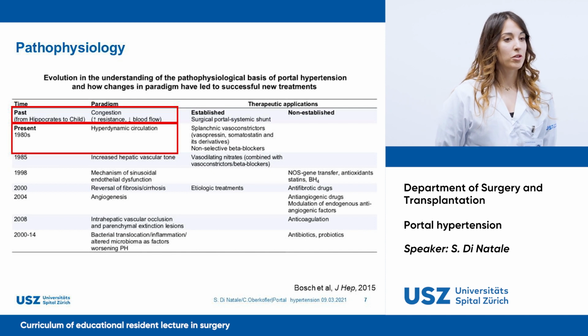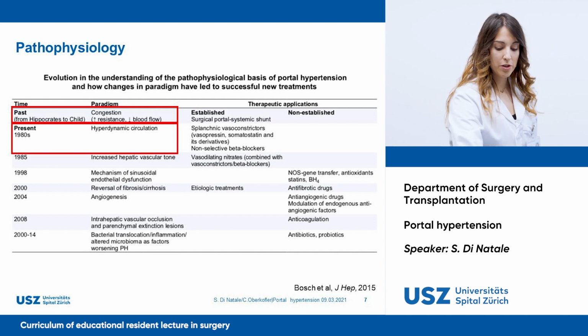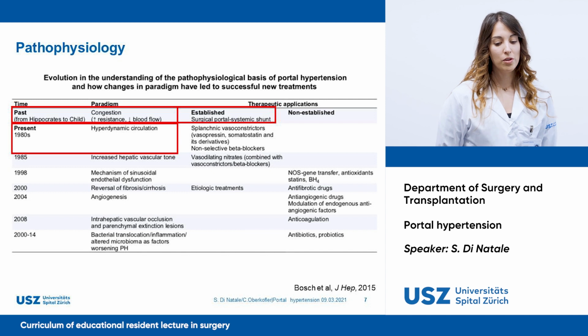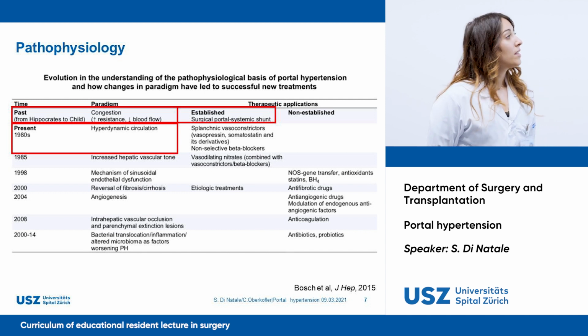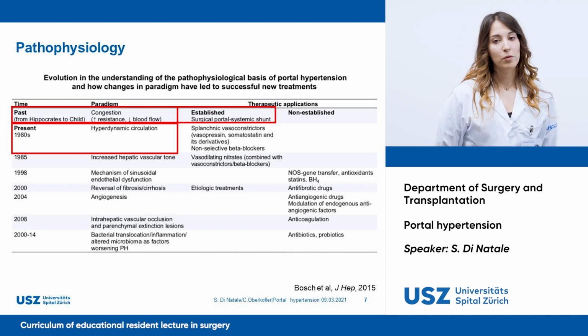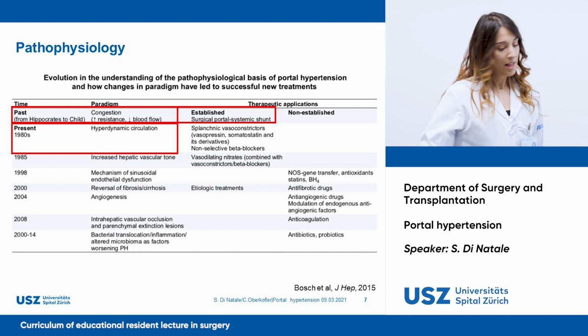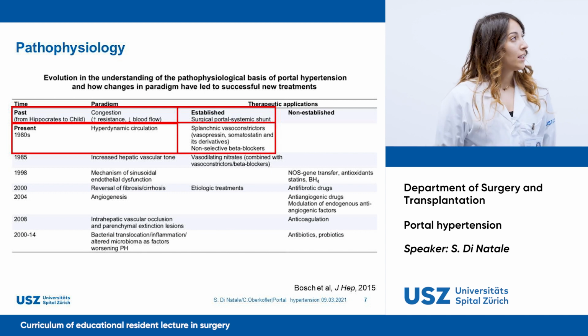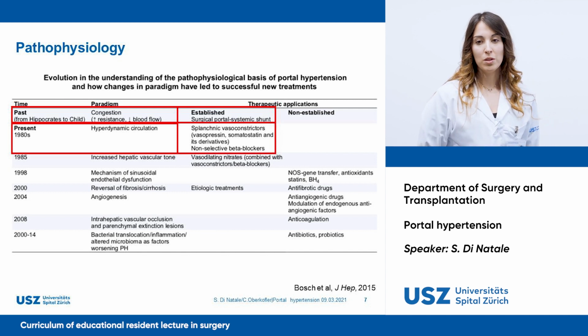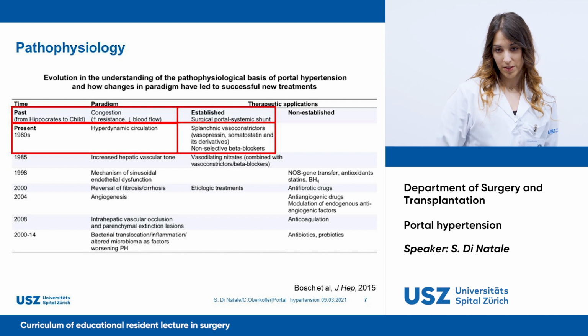While the traditional congestive hypothesis led to the introduction and wide use of surgical portocaval shunt, the demonstration that an increased blood flow plays a critical role in provoking advanced portal hypertension led to modern therapies, including splanchnic vasoconstrictors as well as non-selective beta blockers.